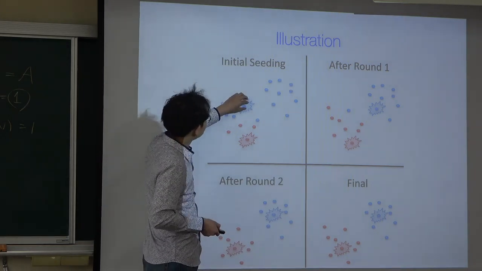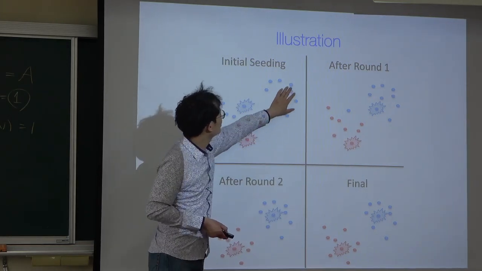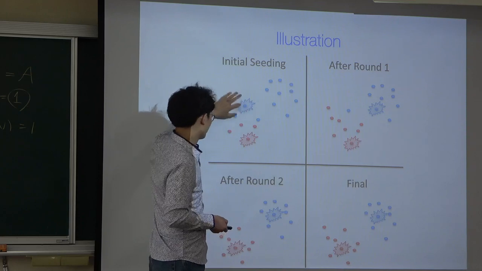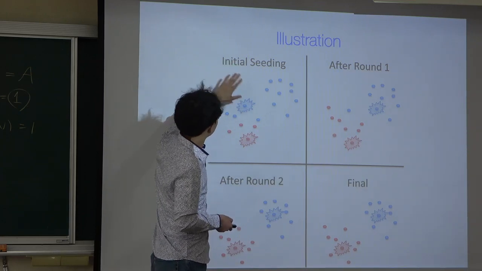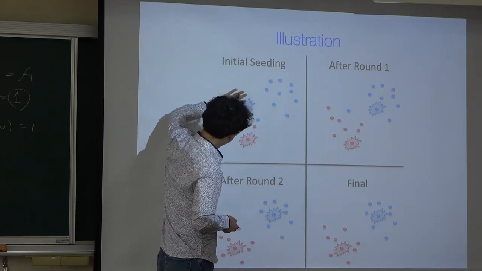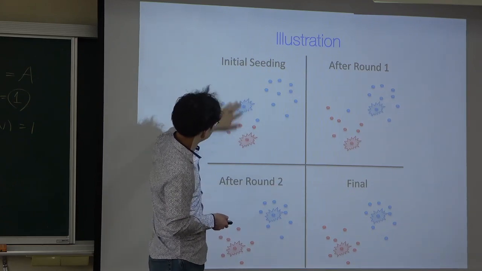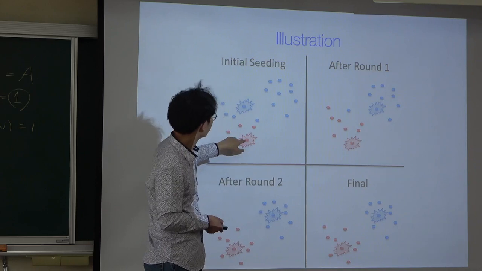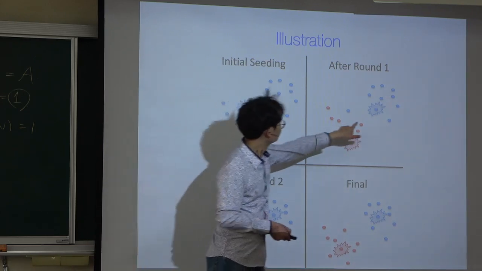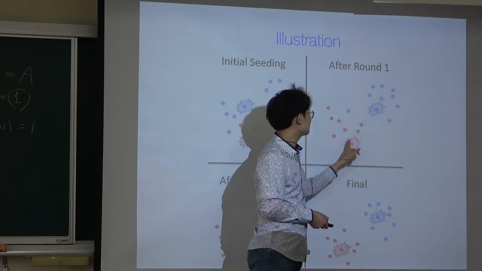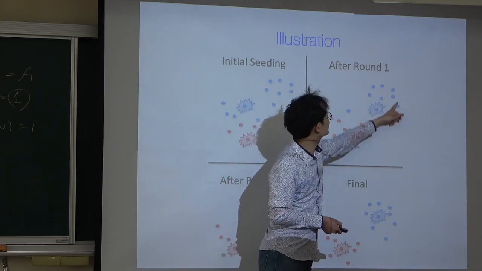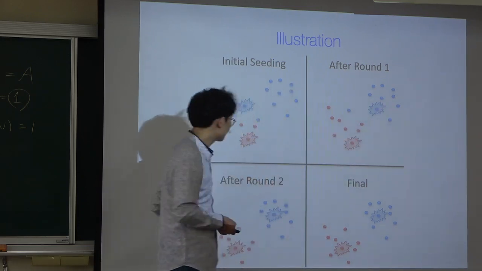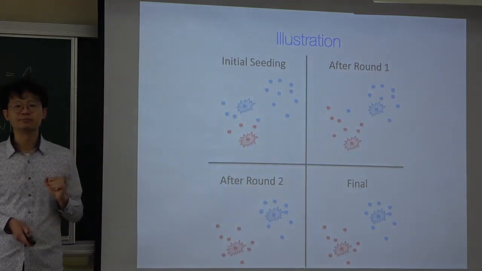You just randomly assign the centers. Assume these 2 are the centers, and you assign all the points to the associated center. You update the center, and after updating the center, you reassign all the points to the center, and you iterate until it converges.